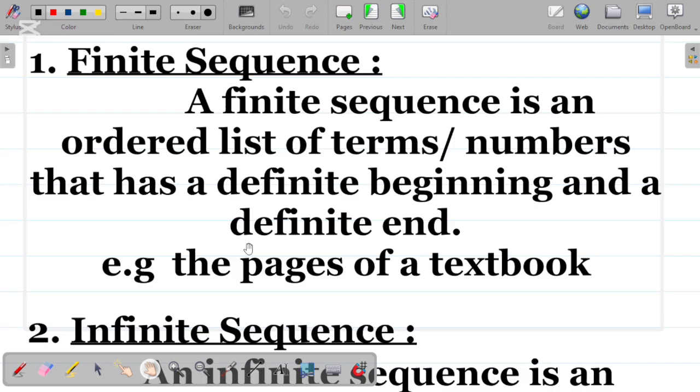So that tells you that the pages have an end. So it is a finite sequence, because a finite sequence is an ordered list of terms or numbers. You can see that the pages are numbered in an orderly form and it has a beginning and also an end. So that's what makes it a finite sequence.